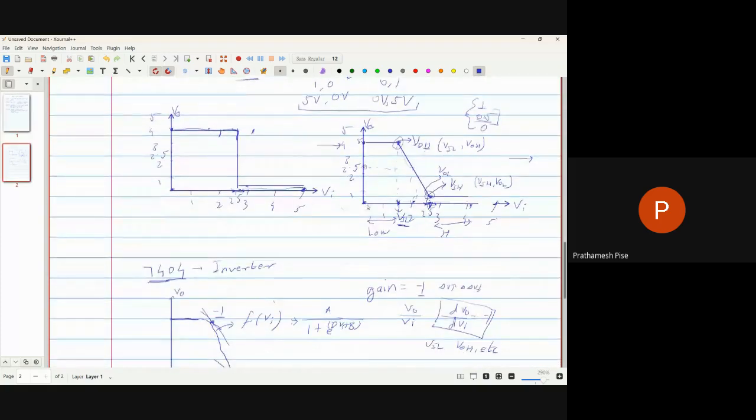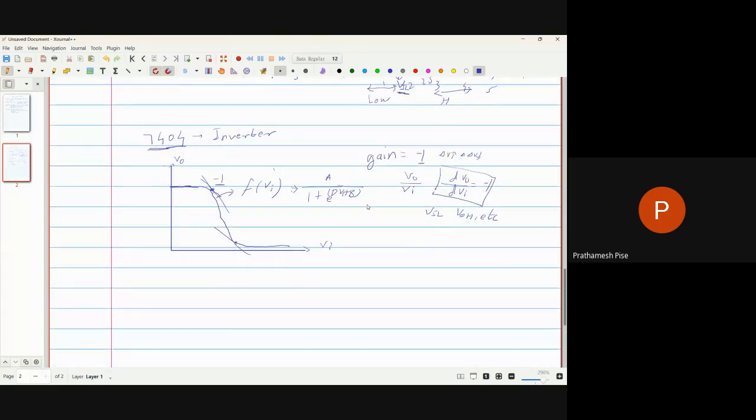Okay, noise margin. So we are saying wherever the gain will be -1, those points will become our VIH, VIL respectively. We are defining these points based on noise because we want to reduce the noise.